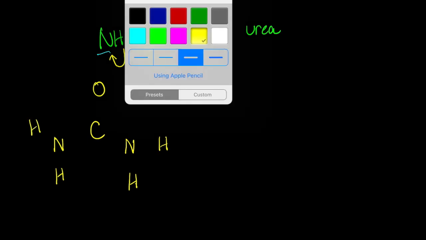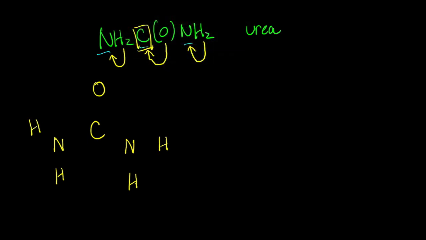Now for your Lewis structures, you want to place 4 dots on your carbon, 5 dots on the nitrogen, the hydrogens all have 1 dot. The oxygen has 6 valence electrons.